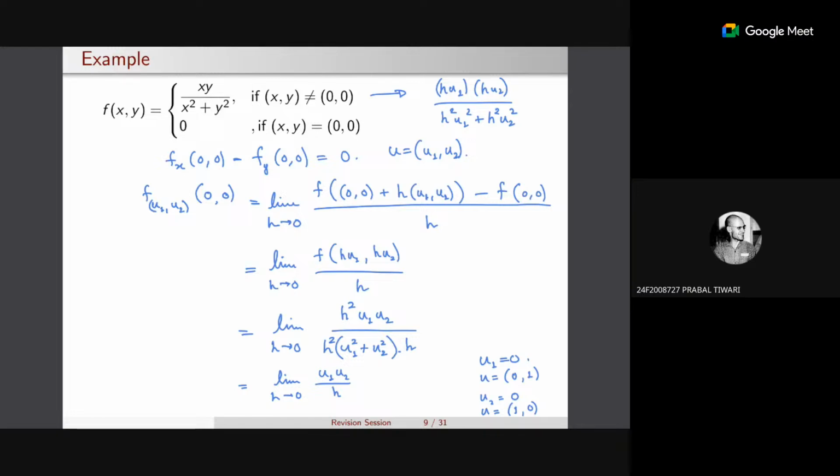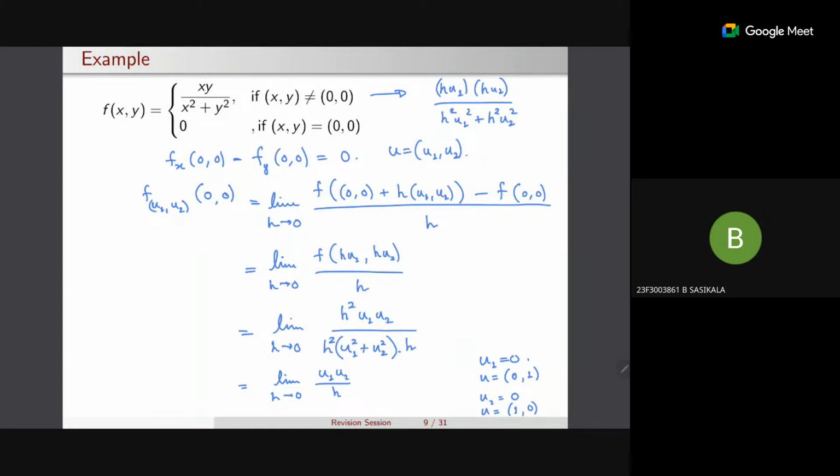Yes, if u1 is equal to 0, then u2 has to be 1, or minus 1, because we have unit vectors. Sir, you are taking hu1 and hu2 as the points. Yes, that's what we need to do: f of the point 0 plus h, that is, the point (hu1, hu2). It is moving in the direction of (u1, u2). Okay, sir. Thank you.